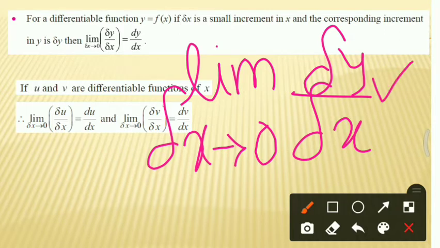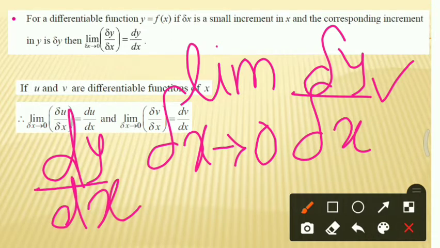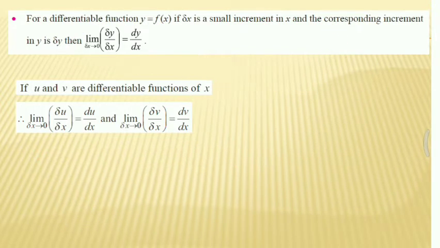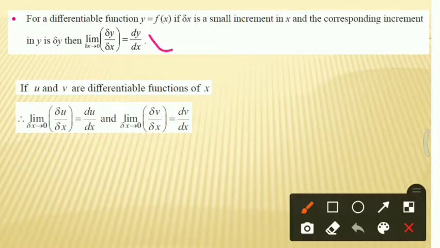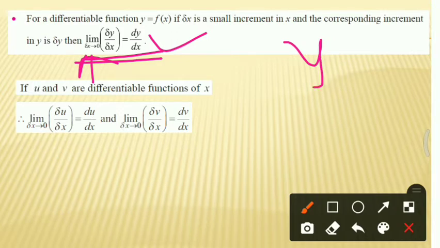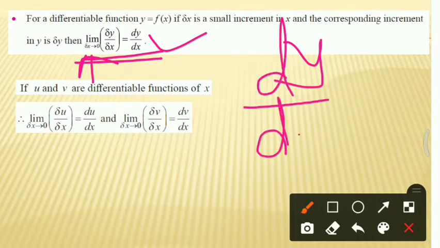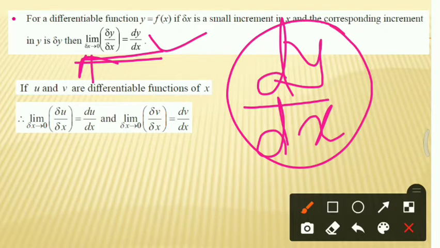If this limit exists, then it gives the derivative of y with respect to x. See here, limit delta x tends to 0 delta y upon delta x is equal to dy by dx. If the limit exists, then the derivative of y, that is dy by dx, exists. It is the meaning of the differentiable function y.